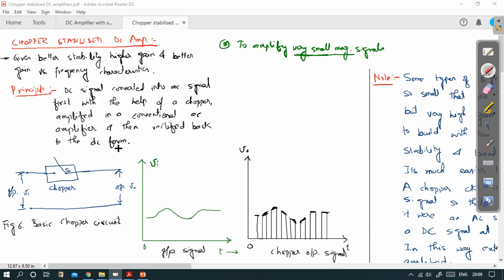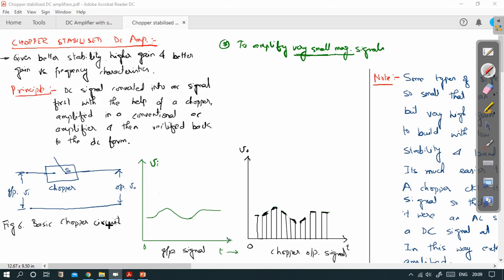So here we are transforming DC signal into AC signal with the help of a chopper, then amplifying that AC signal, and then transforming the amplified AC signal back to the DC format. So this is the basic principle behind chopper stabilized DC amplifiers.